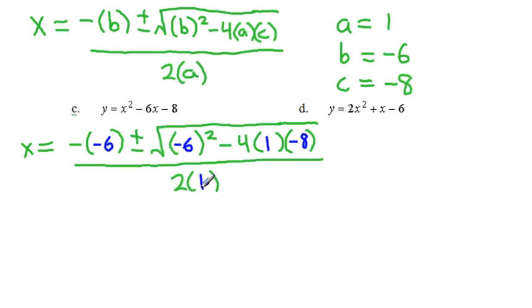Check. Now these parentheses we used are saving us big time, because right now this simplifies to a double negative, which is +6 plus or minus the square root of here. -6 times itself is positive, because you have negative times negative, so that's 36.